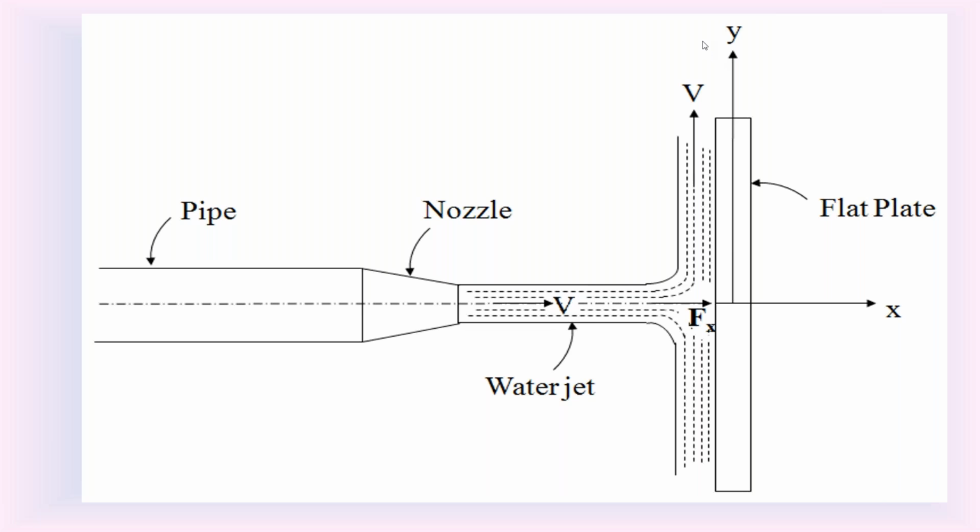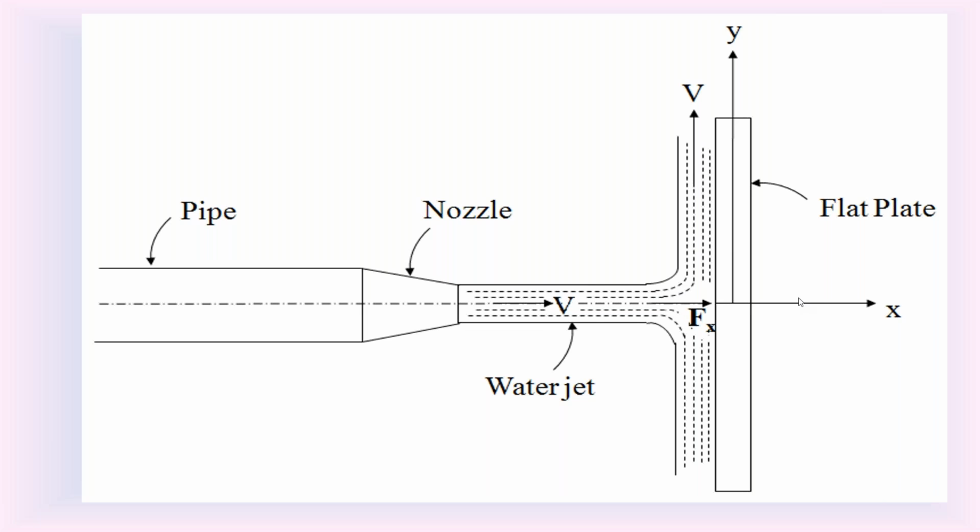But what is the final velocity of water jet in the direction of force Fx? Force Fx is horizontal. Final velocity v is vertical. So the angle between the final velocity v and the force Fx is 90 degrees.